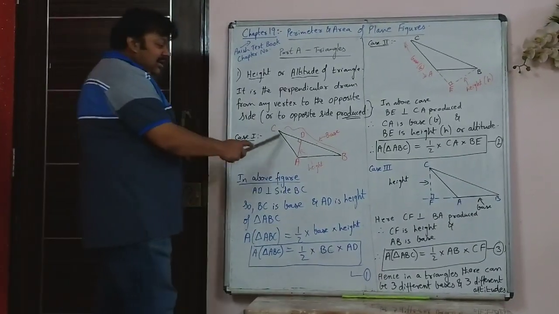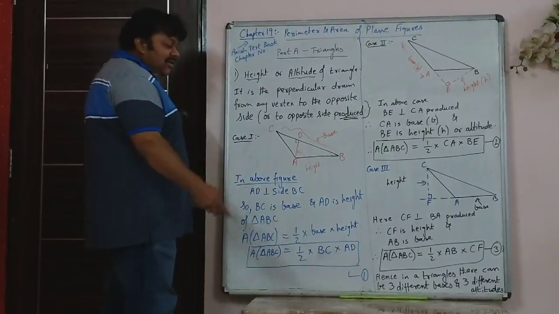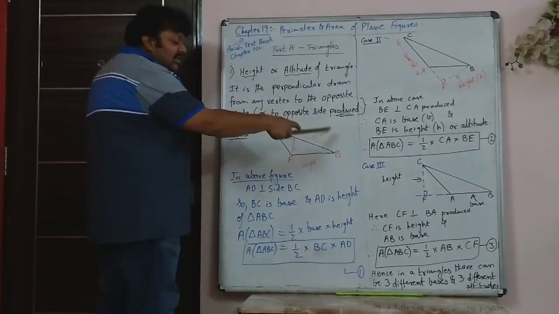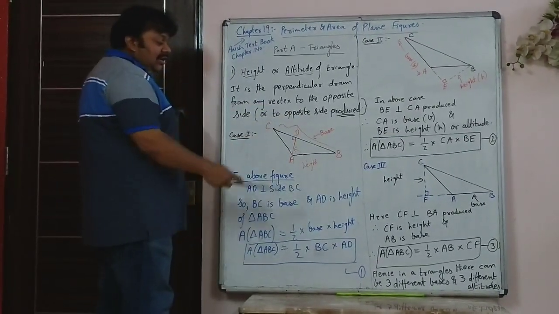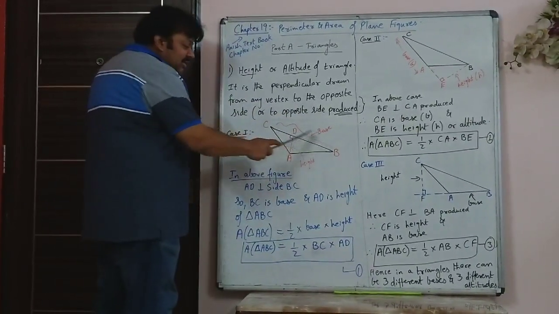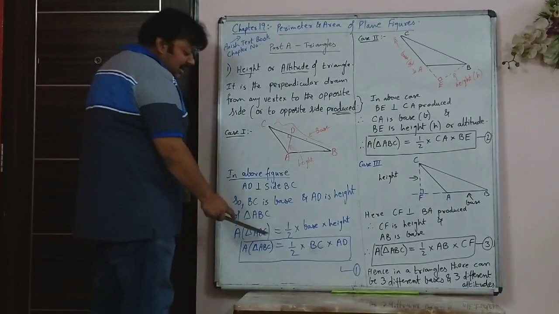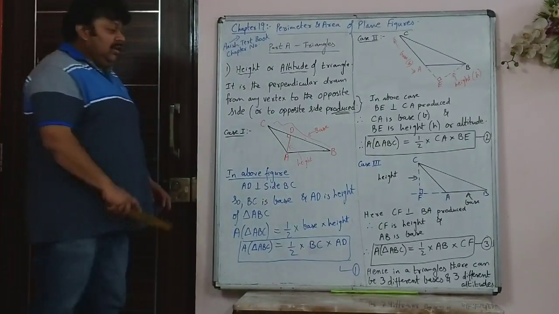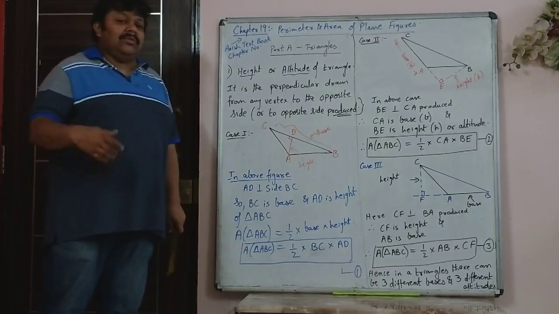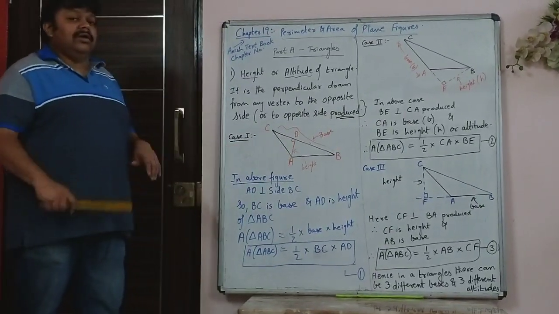So area of the triangle, you all know the formula, it is half base into height. In this figure, area of the triangle is half into BC into AD. So in this case, we took BC as the base and AD as the height.